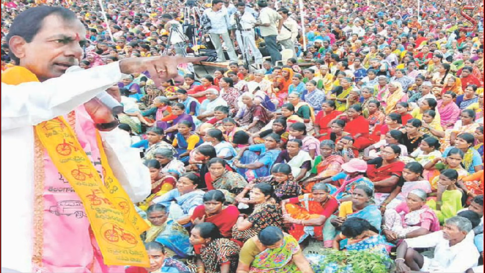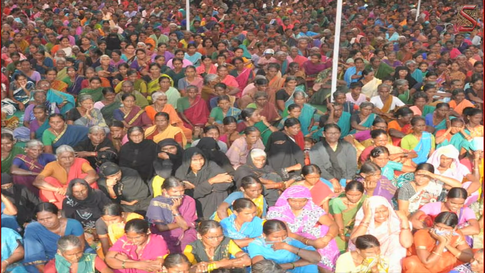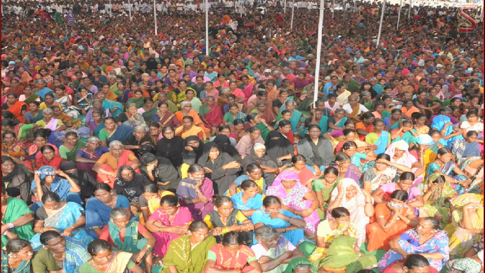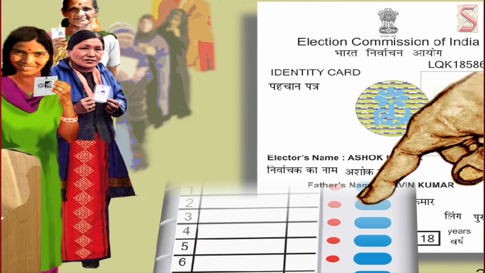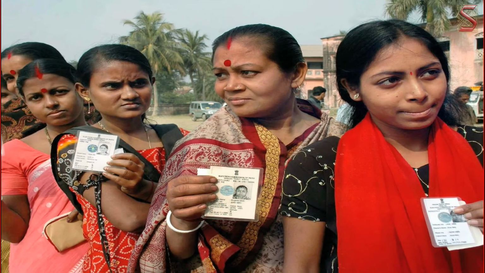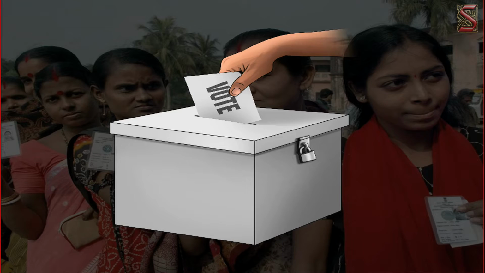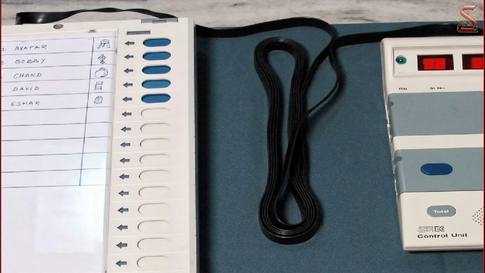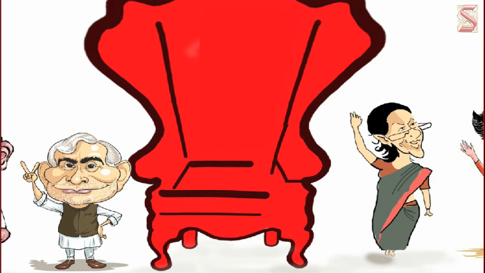These are all tactics of the contestants of grabbing the attention of the voters and persuading them to vote for themselves. On the election day, all those who have an ID proof secretly vote for the candidate of their choice. Counting is done on the scheduled day and then the candidate who gets the highest number of votes is declared elected.